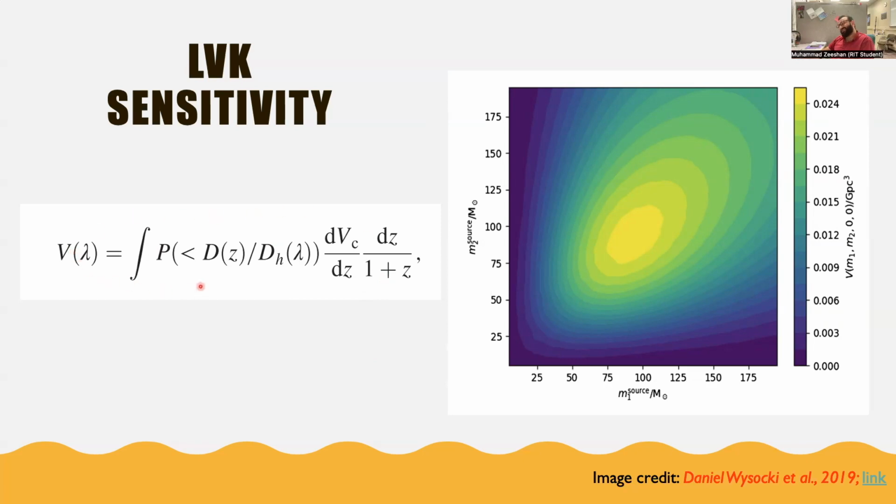Dan has calculated that integral in the vt.py file that is already given, and that will basically compute the sensitivity. If you want to read the technical details, you can go into the link, which is the Dan original paper published in 2019 that has all the details about how he computed this VT file.